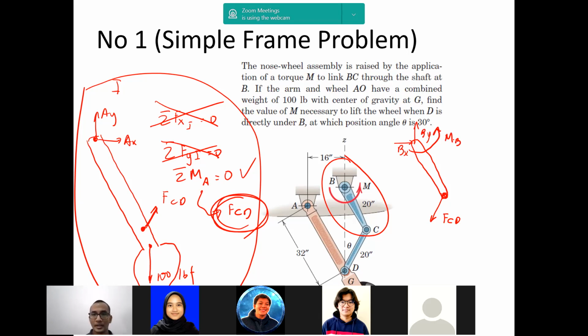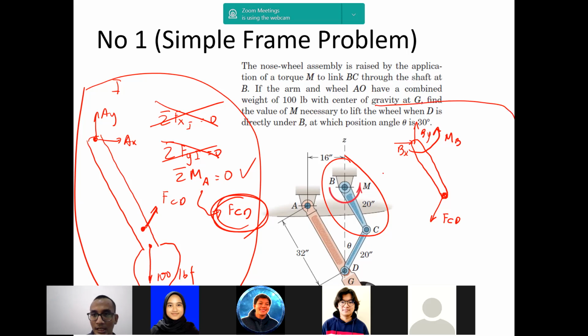Now, do we have to solve for the reaction forces BX and BY, Randy? Are the reaction forces at B the ones that we have to solve in the problem? No, it's not us, right? Just only the moment. Yep. So in that case, we don't have to solve for BX and BY.